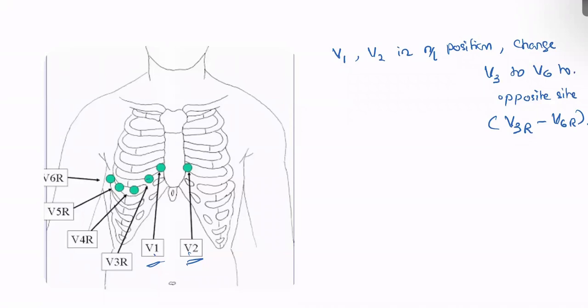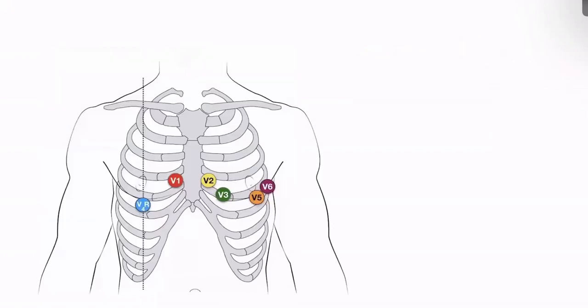And the third method: if we are in a hurry, and the patient becomes uncomfortable and less compliant, we have no time to change all the leads to the opposite direction. So if we have to choose only one lead to record the right ventricular leads, we use V4. We keep V1, V2, V3, V5, V6 in the normal position, but change the position of V4 to the opposite side.